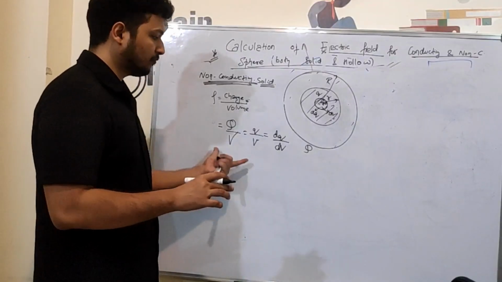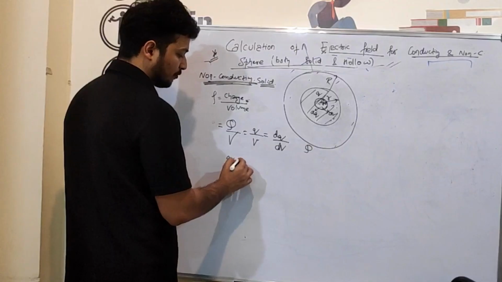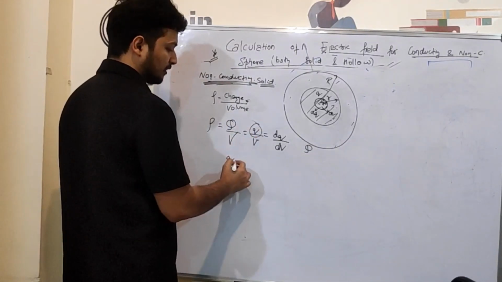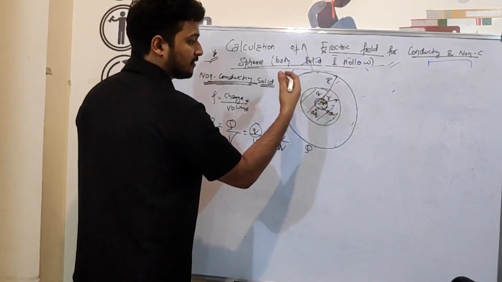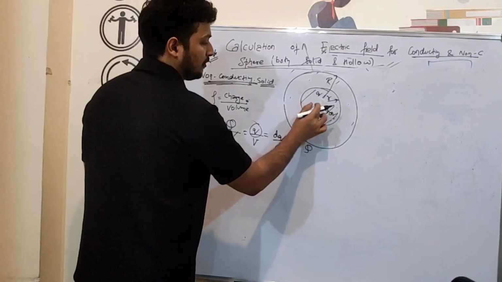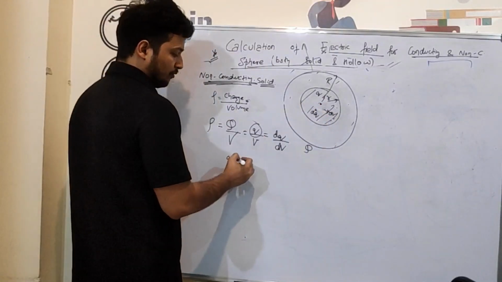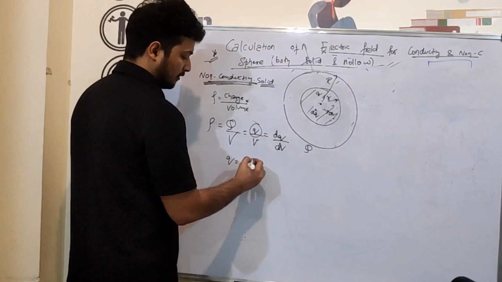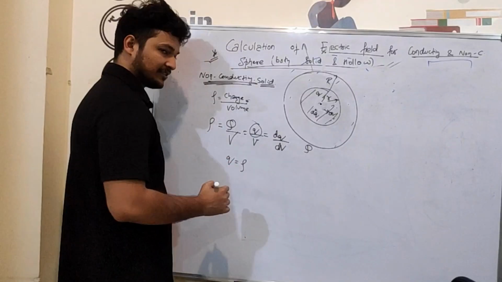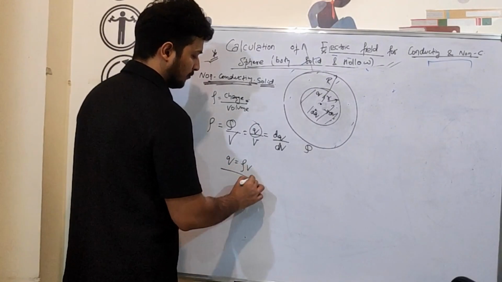So from this you can calculate the value of q in terms of rho. The charge of the small sphere will be equal to the charge density multiplied by the small volume V.